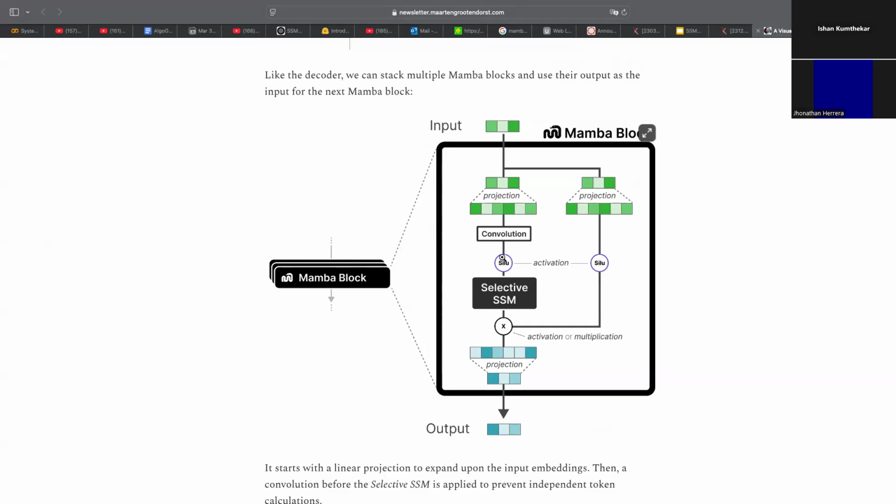Then you add another activation function, and then you put it back to the original size, and that will be the output. So this is what goes on, going through the equation and also selecting what's important or not.